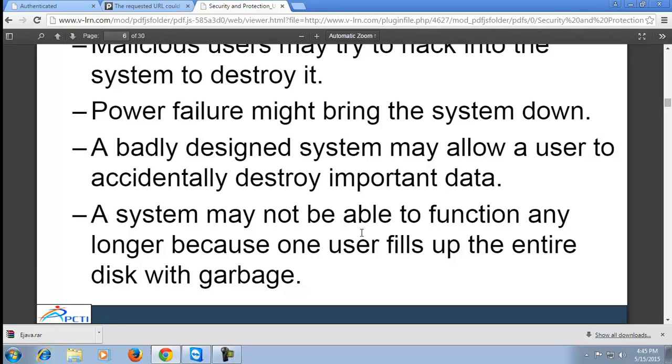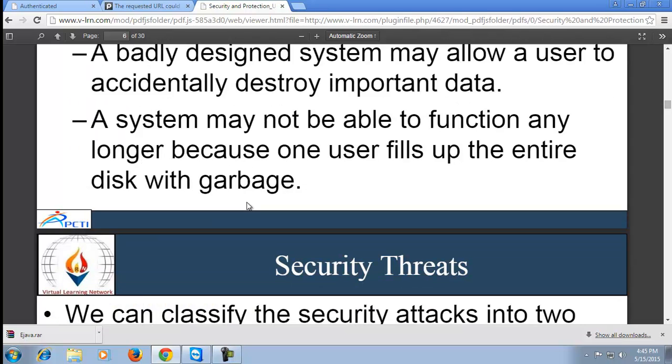When we access our files and our disk, it already shows the disk is full, because viruses and threats are already stored in that disk, which do not allow more data to be stored. So we have to manage and fight that kind of problem to prevent loss of information.